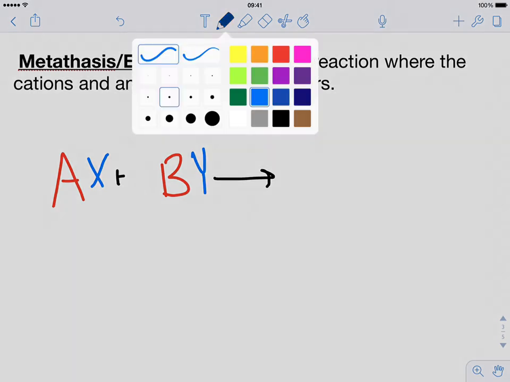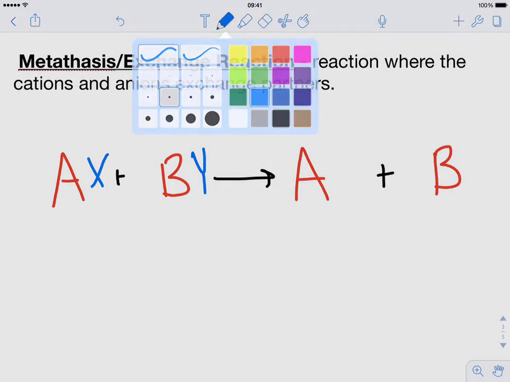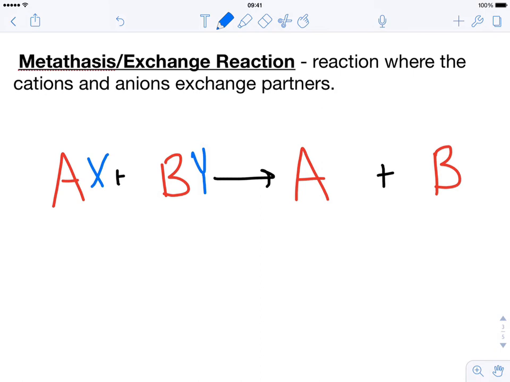For the products that they form, the cations stay in the same place, so we're going to have A and B. But on the product side, what's going to be different is the anion that they're paired with.